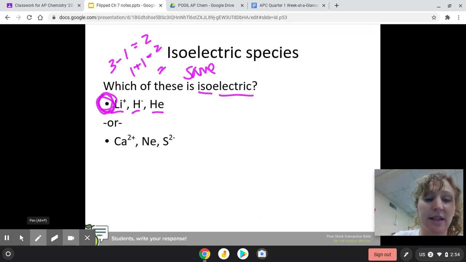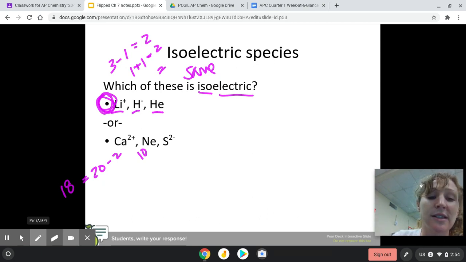Let's look at these down here. Calcium is going to start with 20 electrons and it's going to lose 2, which gives it 18. Leaving it with the same electron configuration as argon, not neon. Neon has 10 electrons, not 18. Sulfur is going to gain 2.